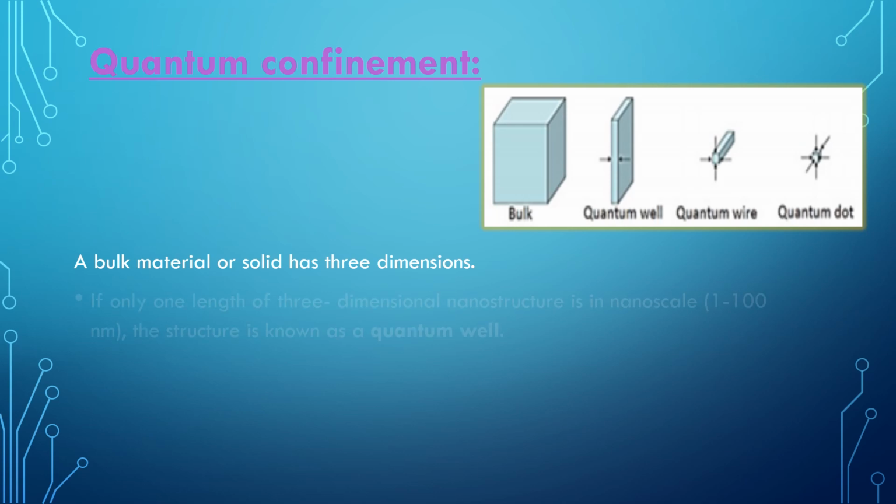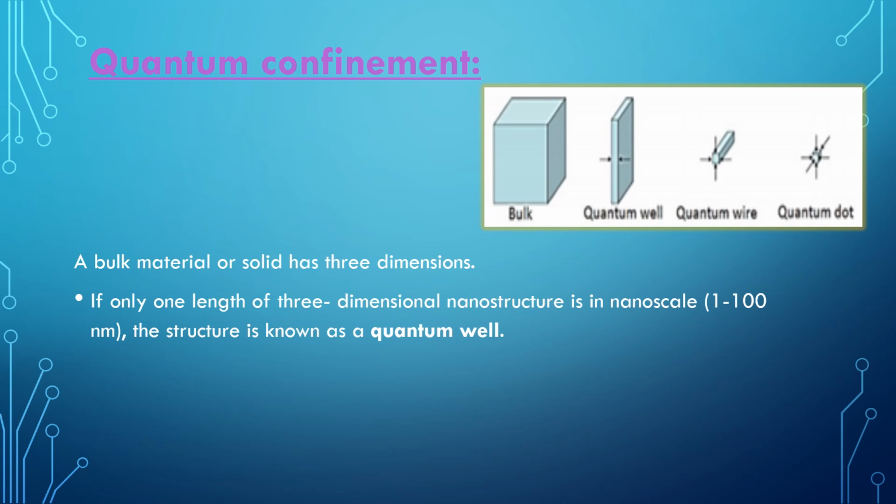Now we'll see in nanoscale. If only one of the three dimensions of a nanostructure is in nanoscale, that is from 1 to 100 nanometer, the structure is known as a quantum well. Here along the x direction it is in nanoscale, between 1 to 100 nanometer, while along the y-axis and z-axis it is in normal dimension.